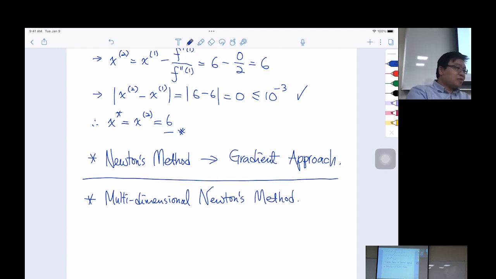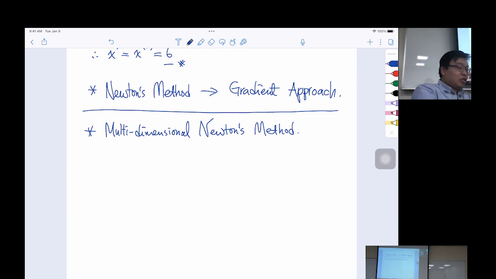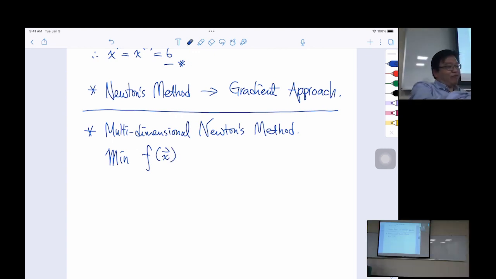Okay, so earlier we were doing one-dimensional. Now we move on to multi-dimensional. So basically we are minimizing a function with multiple variables. We have a lot of variables and they are placed in a function. And following what we did earlier, we can do a Taylor expansion again. So again, we do a second order Taylor expansion.